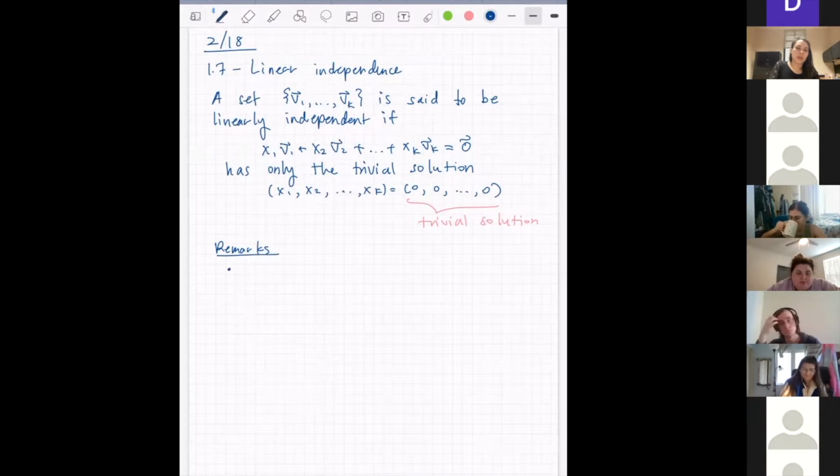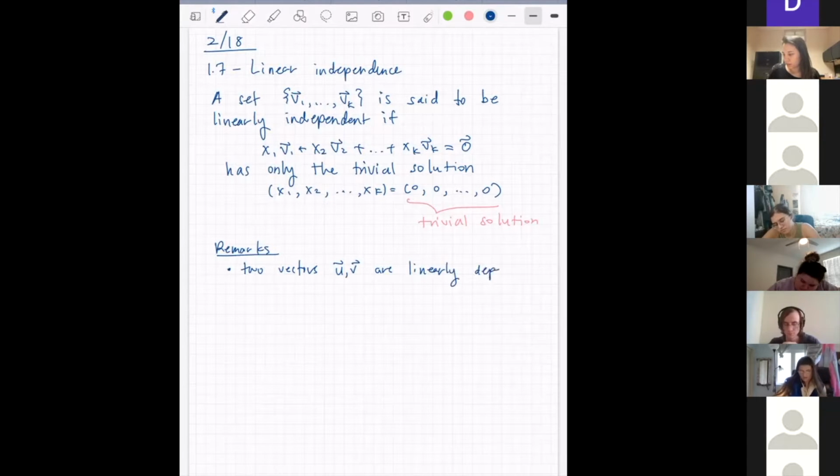So first of all, 2 vectors. If you're just focusing on a set with only 2 vectors in it, we'll call them u and v. These are linearly dependent if and only if one is a constant multiple of the other.